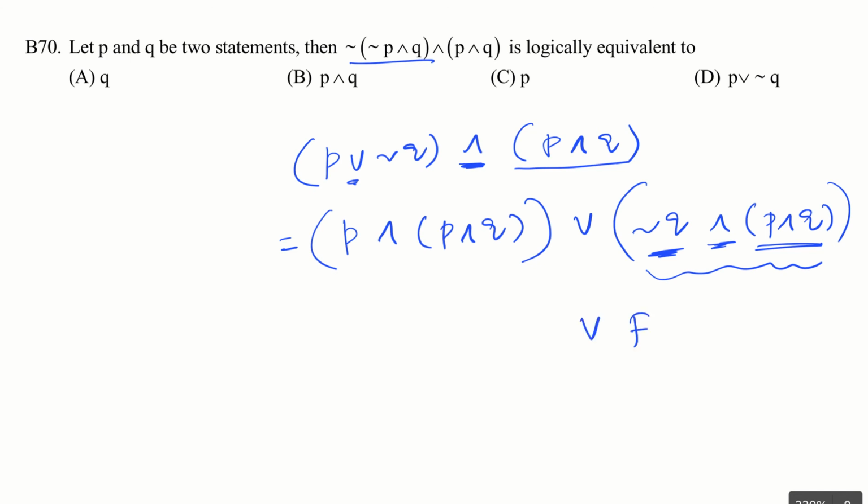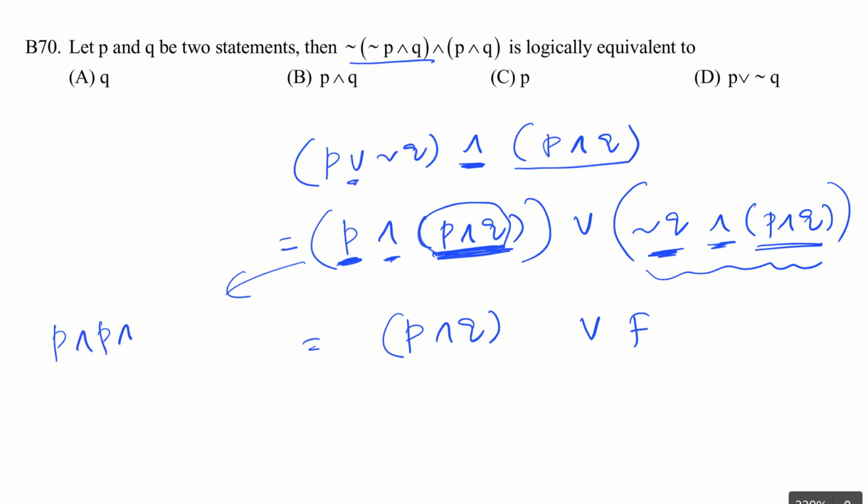Or this one is nothing but a subset of P already, so P intersection a smaller set of P, obviously the common part of P and P intersection Q will be nothing but P and Q. I unnecessarily struggled. You can simply see it as P and Q, but one P is enough. So this is nothing but P and Q. Therefore, option B is the answer. Let's go to the next problem.